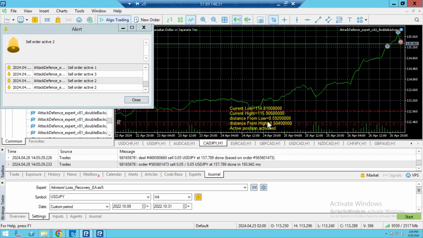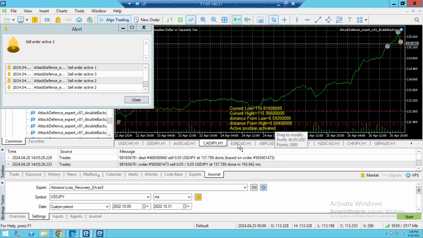Okay, so with this, if nothing changes, it means the market is tending towards the high rather than the low. So once we're able to monitor these prices and distances, we'll be able to know the direction the market is going, and then we can give advice as fast as possible.